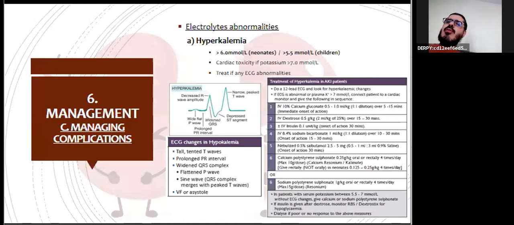If you have hypocalcemia or hypoglycemia, bolus glucose, bolus calcium. But potassium, we never give bolus. Even in hypokalemia, we never give bolus. If you give bolus, cardiac arrest, and the patient will die. So you have to be very careful. Okay? Carry on.